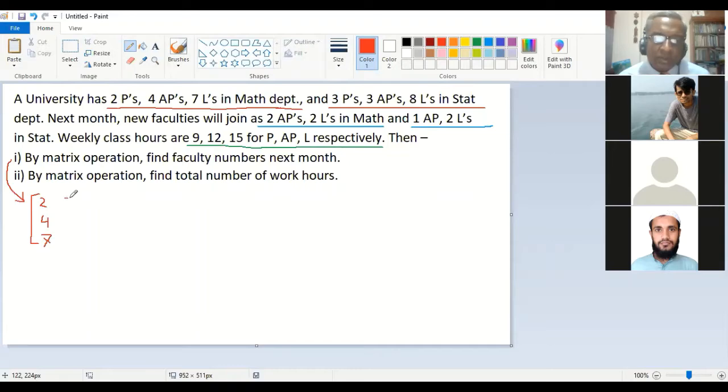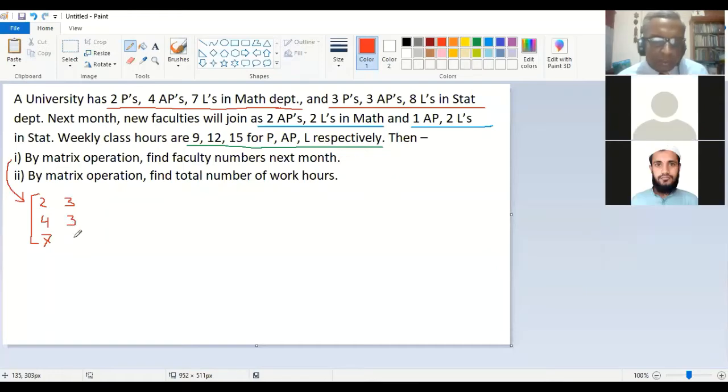It is 3 professors, 3 assistant professors, and 8 lecturers in the statistics department. So the first column is mathematics, the second column is statistics, and this is one matrix. It is the present situation.